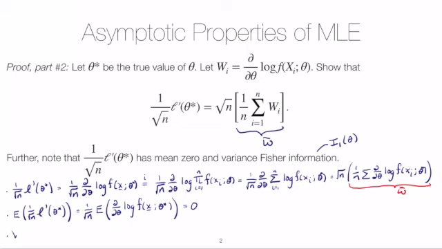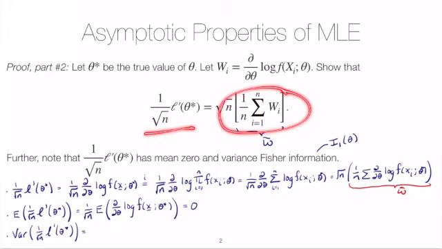Now what about the variance? So the variance of 1 over the square root of n times the derivative of the log likelihood evaluated at the true value. Looking at the variance of this side, it should be the same as the variance of this side. So we could write this as the variance of the square root of n times W bar.